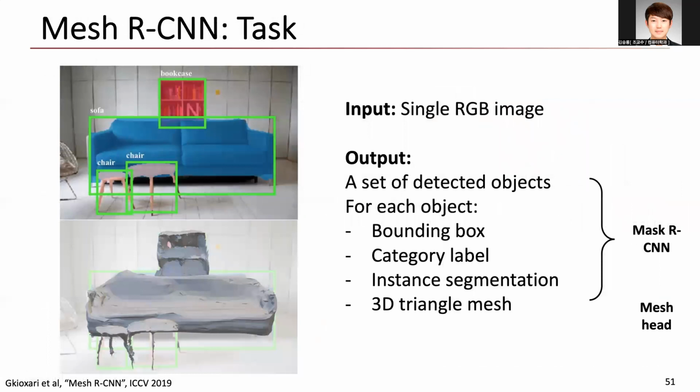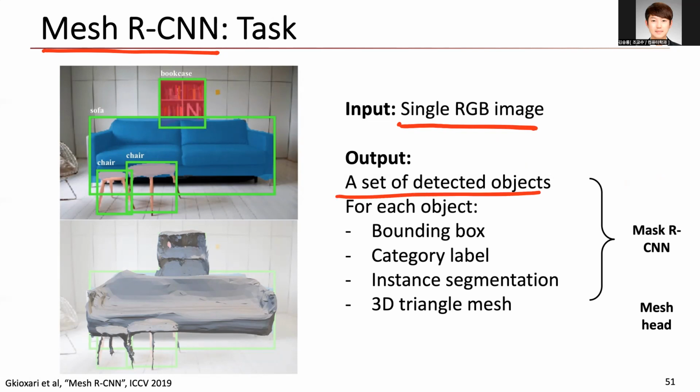One of the most popular techniques is the mesh RCNN, which is very similar to the mask RCNN. So we can say that mesh RCNN is the extension of the mask RCNN to estimate not only the segmentation mask, but also 3D mesh information. Here's the problem formulation. We have an input single RGB image here. Then we want to train a network that outputs a set of detected boxes.